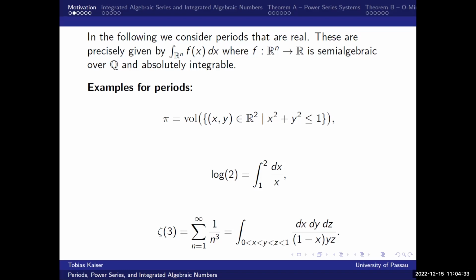Here is a description of theta 3 in terms of an integral. But here you see integration in any dimension, and this makes it very hard to compute such periods.